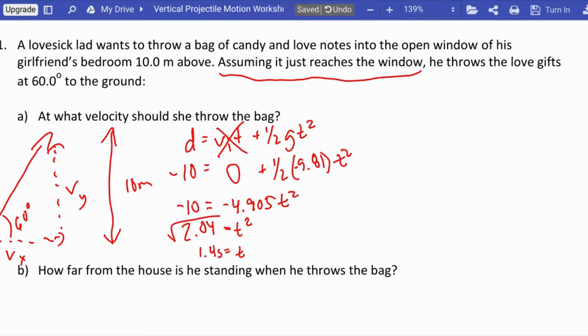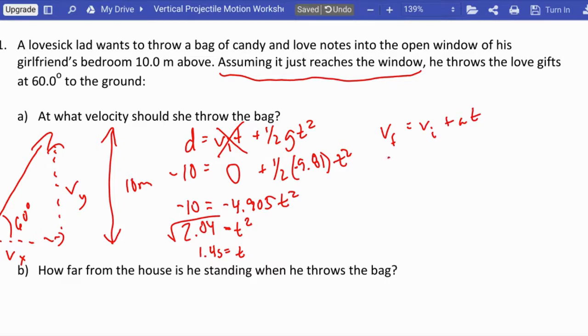Now if it's in the air for 1.4 seconds, then that's going to allow us to solve for how fast it was going in the y direction. So the velocity final equals the velocity initial plus acceleration times time. Again, the last problem we used displacement. Now we're really trying to find velocities.